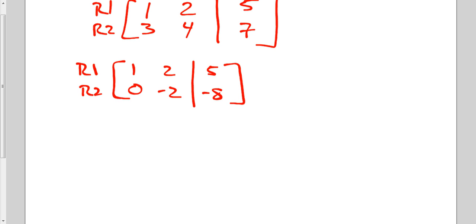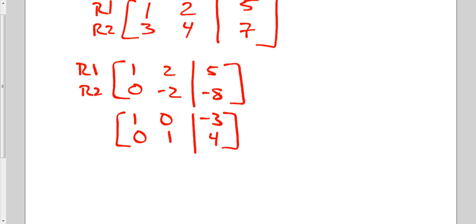So when I do that, I get 1, 0, -3, right? And then I'm also going to divide row 2 by what? -2. So when I do that, I get 0, 1, 4, right? And here's my solution, right there.